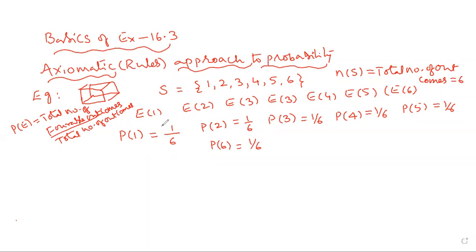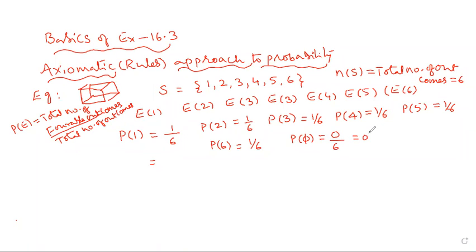Now observe, every probability is equal to 0 or above 0. A positive number, equal to 0 or maybe above 0. Okay? For the empty set, the probability is 0: the empty set has no elements, 0 by 6, therefore 0.